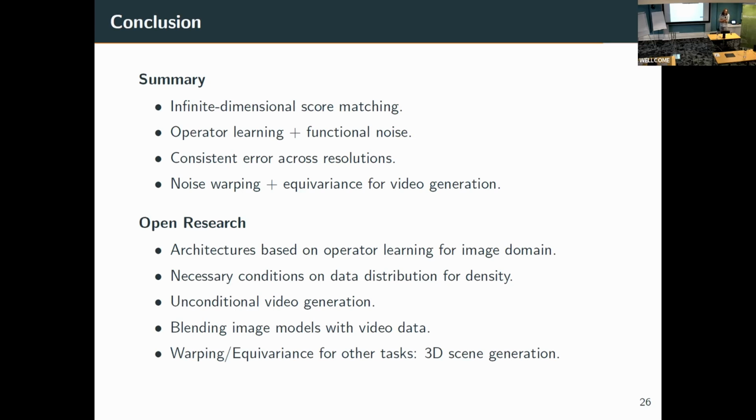Is there any relationship between this map T, or the equivariance that you want, and the smoothness of the noise that you're using? Well, not as far as I've considered. I've assumed T is injective, and that's all. But I would say that the more and more warping T becomes, the worse things get.